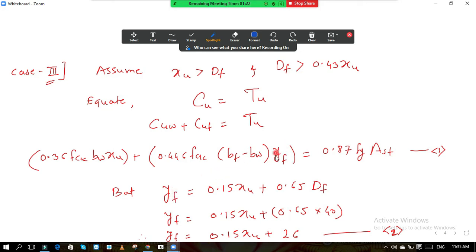Here also in the formula I have shown, instead of df we have taken yf. So the formula for yf is already written over here: 0.15 xu plus 0.65 df. We have put the values and then solved further.